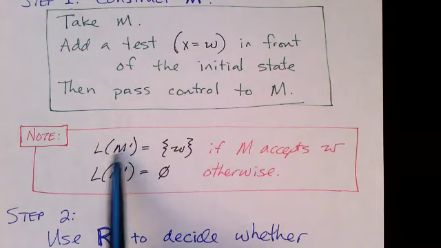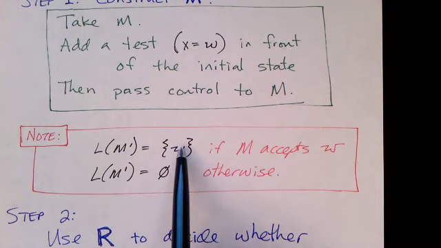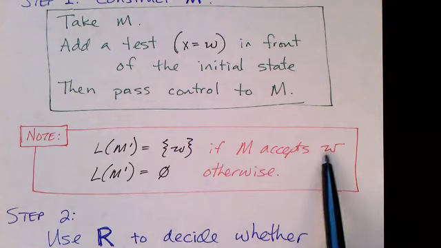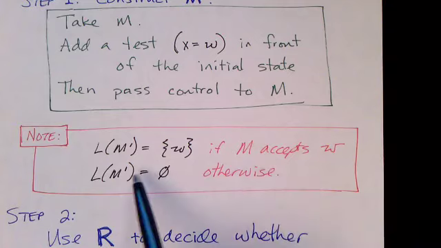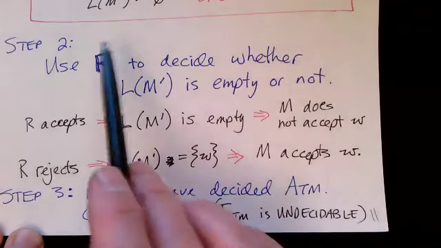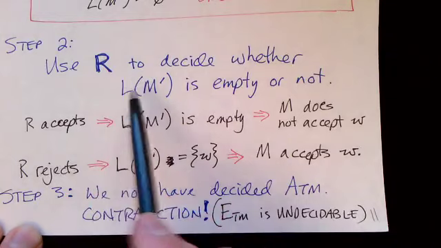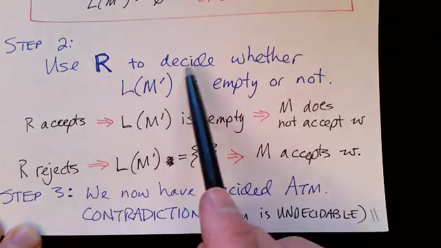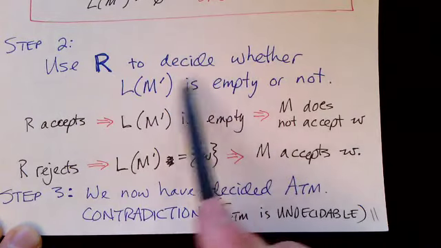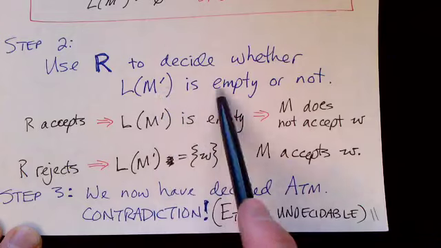Note that if the language of M prime is not empty, then that means M would accept W. And if M accepts W, then the language is not empty. Otherwise, if M doesn't accept W, then the language of M prime is empty. So in step 2, we use this hypothetical algorithm R, which will decide whether a language is empty or not. Okay, we use this hypothetical decider to decide whether the machine M prime would accept anything or not.